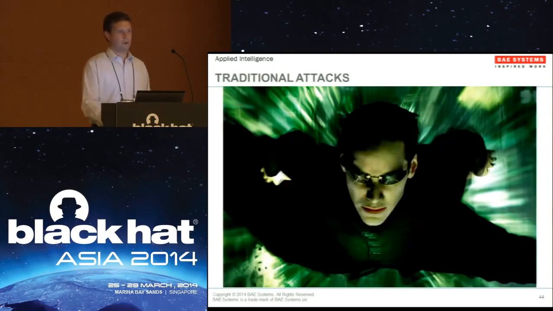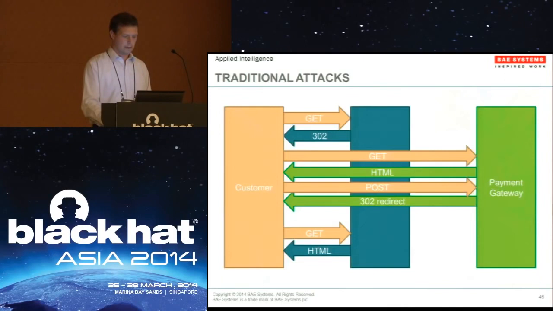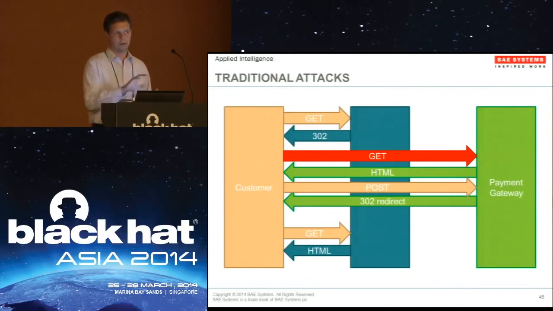So if an attacker were to go after any of these types of transactions, there are typically two ways you do this. You either go in on the component where it's transmitting the transactional data to the payment gateway. So the URL might do a 302 redirect, and the URL will have things like the amount, $1,000.